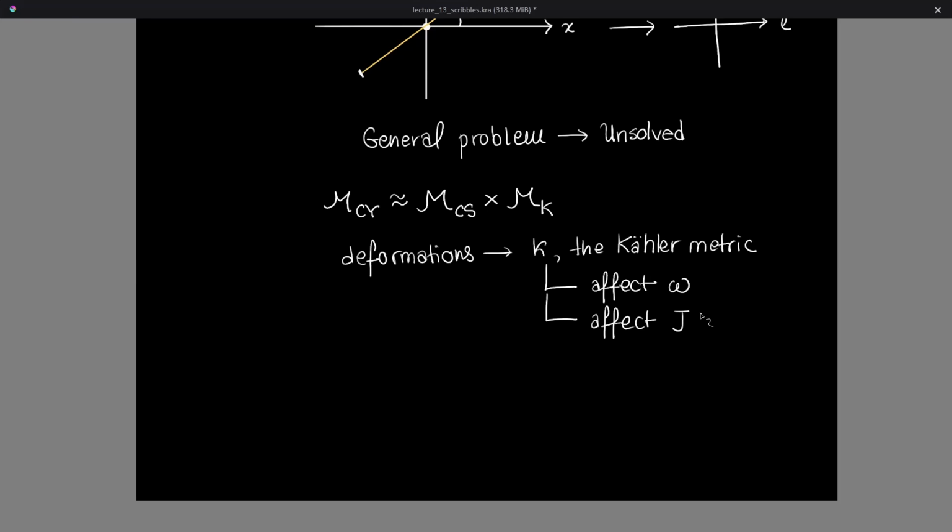So we're going to see how that works out. We're going to split it into two different types of deformations. We're going to map those deformations onto some parameters, and those parameters are going to be our moduli.